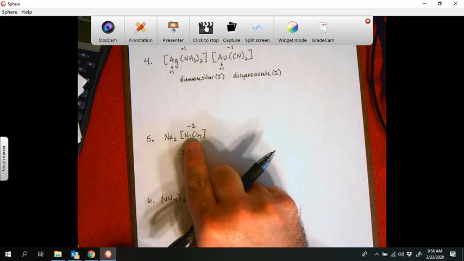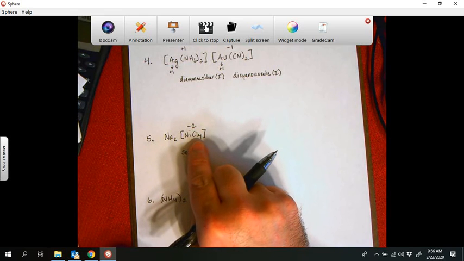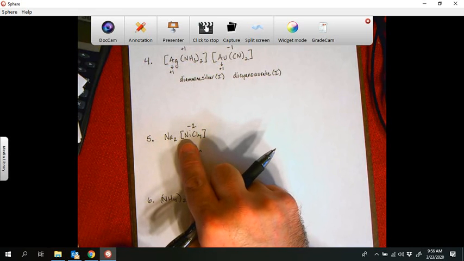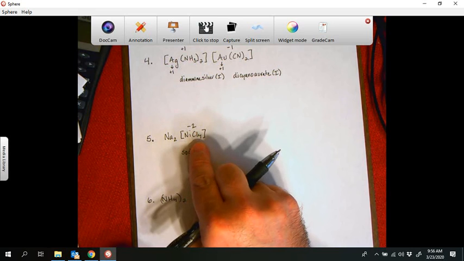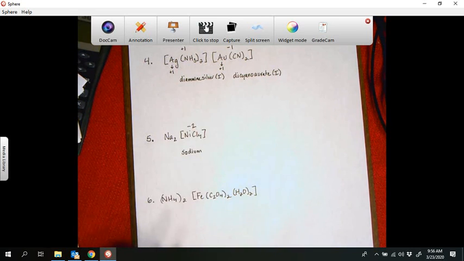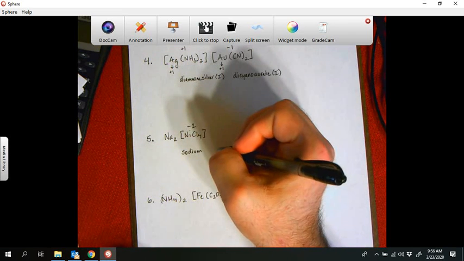So this whole ion together has to be -2. Cl we know is -1 and there's 4 of them. So to give us an overall charge of -2, nickel has to be +2, because +2 plus 4 times -1 is equal to our overall charge, which is -2. So we have 4 chloros.